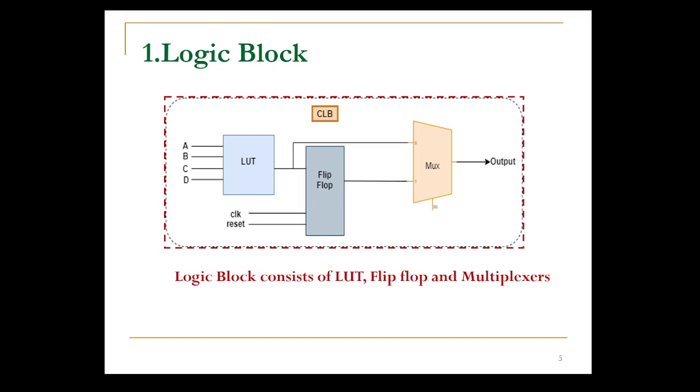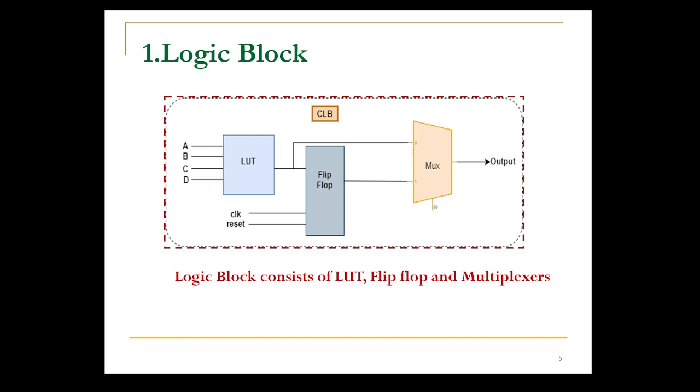The logic block again comprises a LUT, lookup table, as we discussed. So we have many inputs A, B, C, D, out of which one is selected as an output, and that is fed as an input to the multiplexer. And we have two signals, clock and reset, which are connected to a flip-flop.